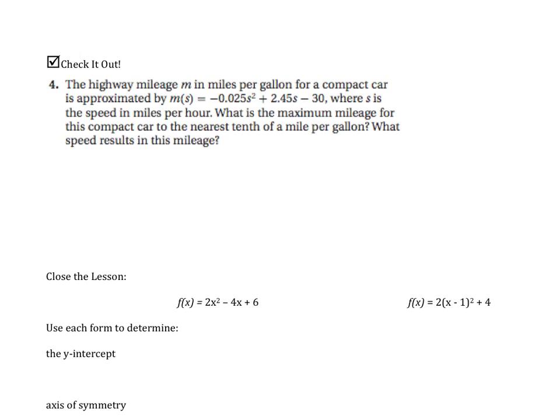Okay, doing the next one. Again, the maximum mileage for this compact car to the nearest tenth mile per gallon, and what is the speed? So, miles per gallon. First thing we need to do is find the opposite of b over 2a, which gives you 49.